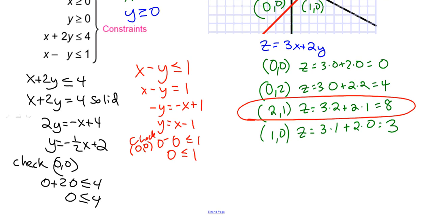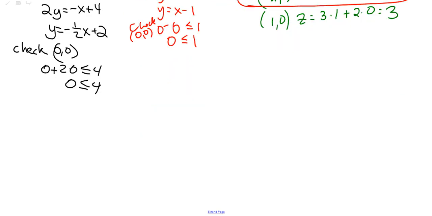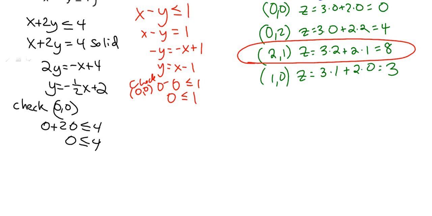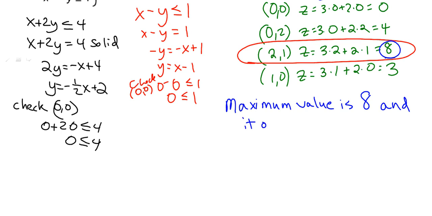And so we want to be able to state that as well. Let me just find a little more space here. I'm going to say the maximum value is 8, which is that answer right there, and it occurs at (2, 1).